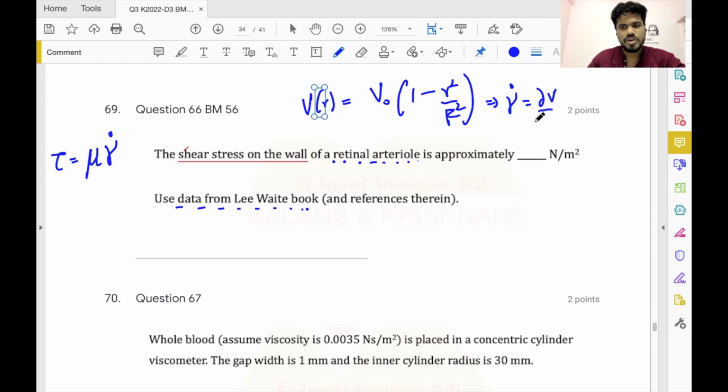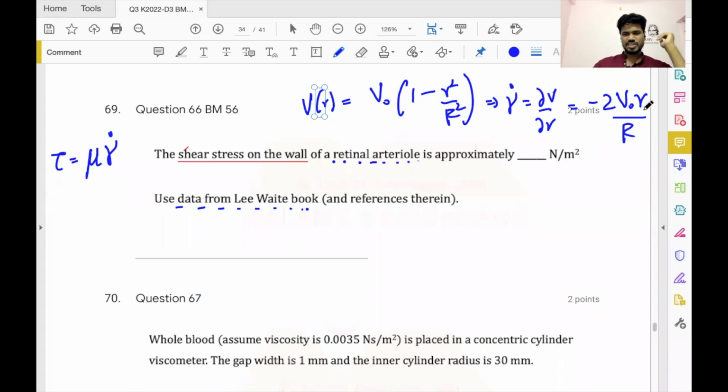So gamma dot is dou V by dou r. So that would be minus 2 V naught r by R square. Can you give me any mean velocity, maximum velocity, diameter, any of that? If you look at the magnitude, the sign is just convention based on what you use.